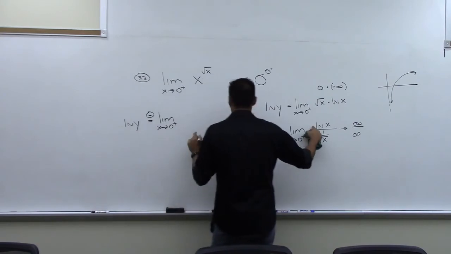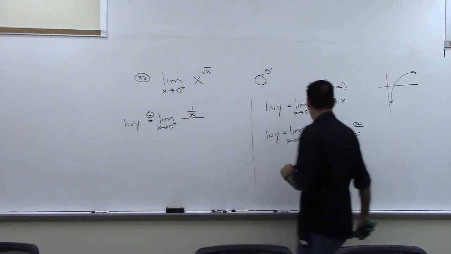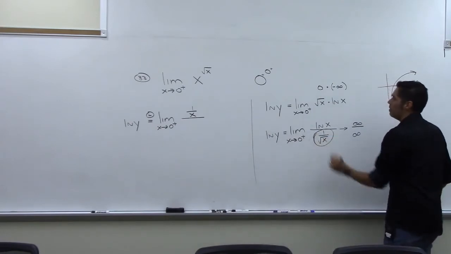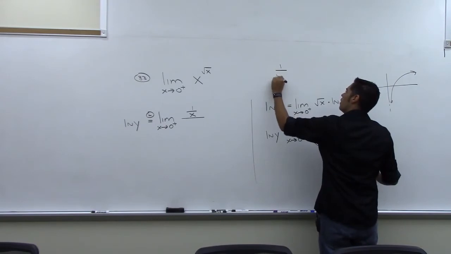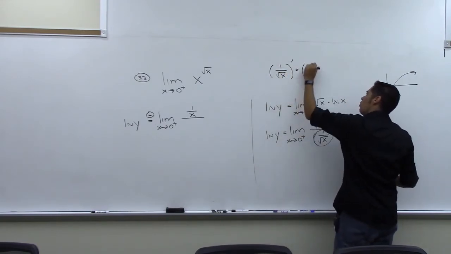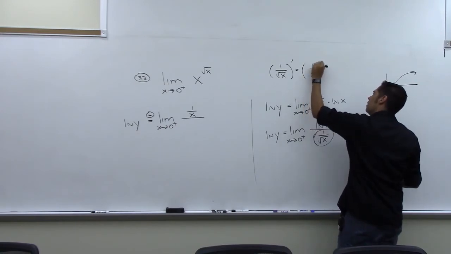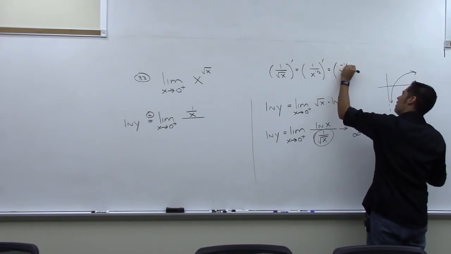Now I take the derivative of the top, which is 1 over x, over the derivative of the bottom. So I need to take the derivative of this. Let me just remind you what that is. 1 over root x, I need that derivative. That's the same as 1 over x to the half, which is the same as x to the negative 1/2.